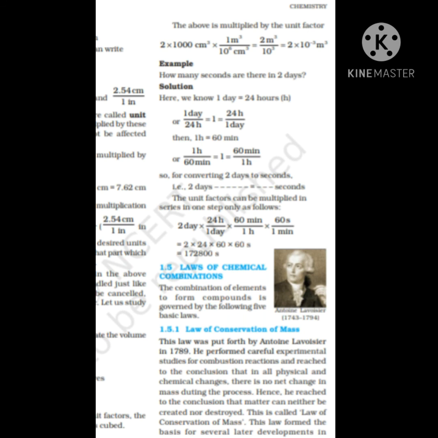So for converting 2 days to seconds, that is 2 days equals blank seconds, the unit factors can be multiplied in a series in one step only as follows: 2 days multiplied by 24 hours by 1 day, multiplied by 60 minutes by 1 hour, multiplied by 60 seconds by 1 minute. Then basic operations can be applied and you will get the answer.